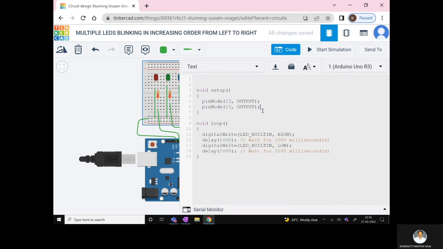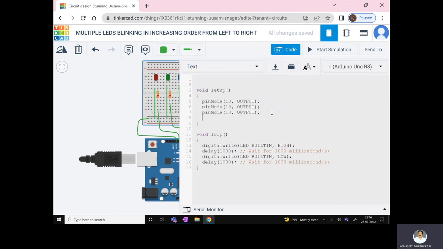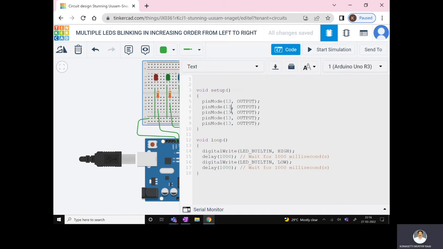Five statements are used to configure these pins: 1, 2, 3, 4, next 5. Next here we use the 12th pin, next 11.